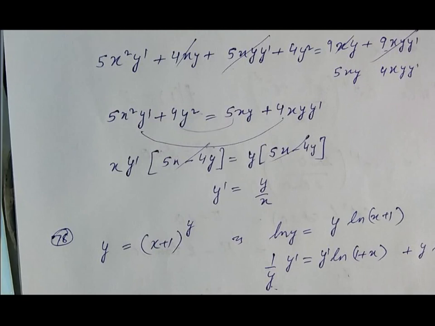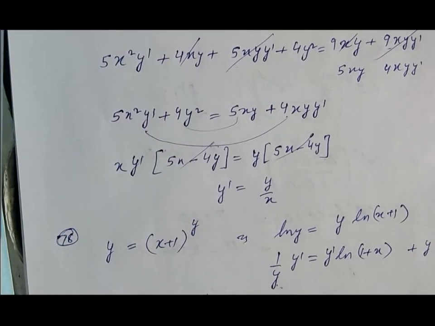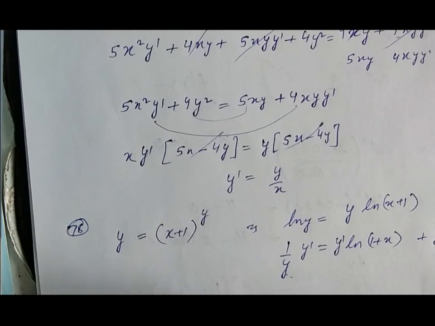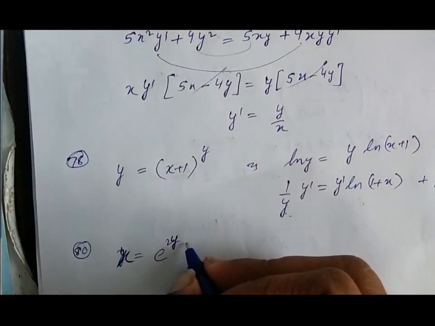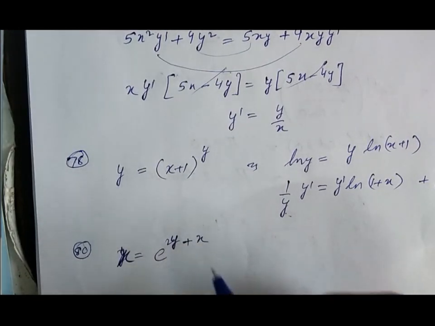Moving to next question. Next question 80. So question number 80 is again same. So question number 80 says y is equal to e power x is equal to e power 2y plus, this is again x.